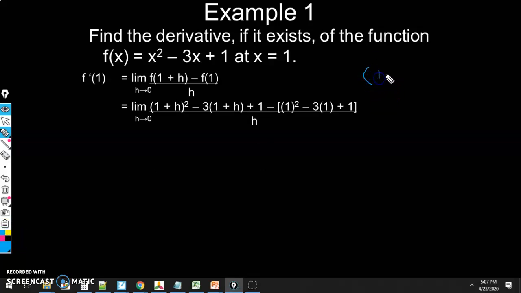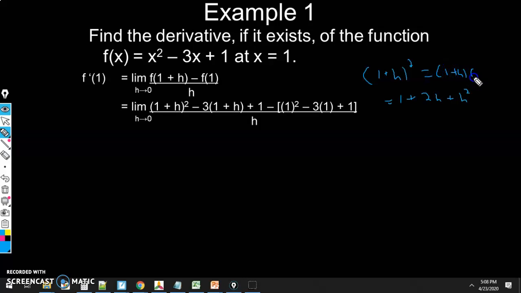Of course, 1 plus h squared is equal to 1 plus h times 1 plus h, or the quick version of it is 1 squared, plus 1 times h doubled, so that's 2h, plus h squared, okay? And if you didn't follow that, you can just write it out and FOIL it.